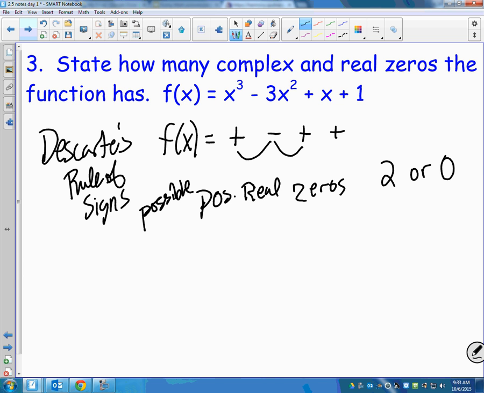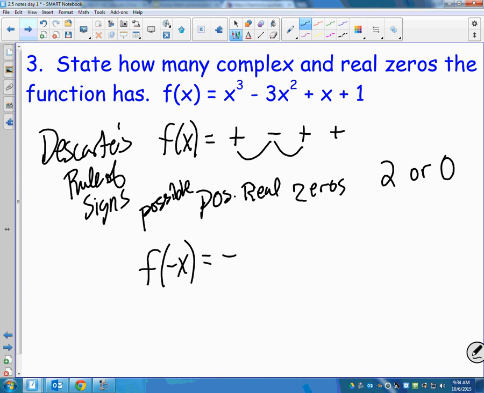For negative real zeros, you plug in a negative. Here's what's really great. All you're looking at is the exponent. If I plug a negative into an even exponent, is the sign going to change? Nope, it's an even exponent. But if I plug a negative into an odd exponent, like x to the third, do you agree that it's going to be negative x to the third?